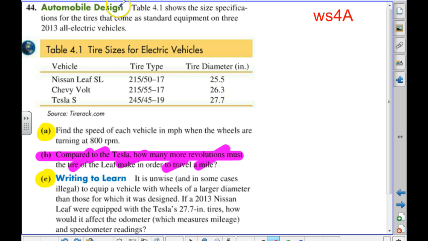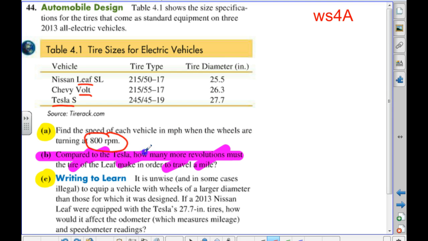On 4A, it says, this table shows specifications for the tires that come as standard equipment on 3 2013 all-electric vehicles, the Nissan Leaf, the Chevy Volt, and the Tesla S. These are the diameters of those tires on those cars. We're to find the speed in miles per hour when the wheels are turning 800 revolutions per minute.